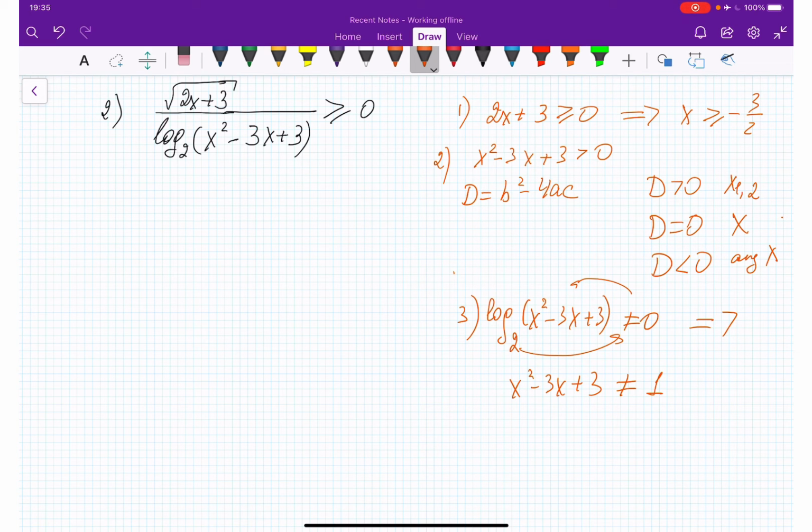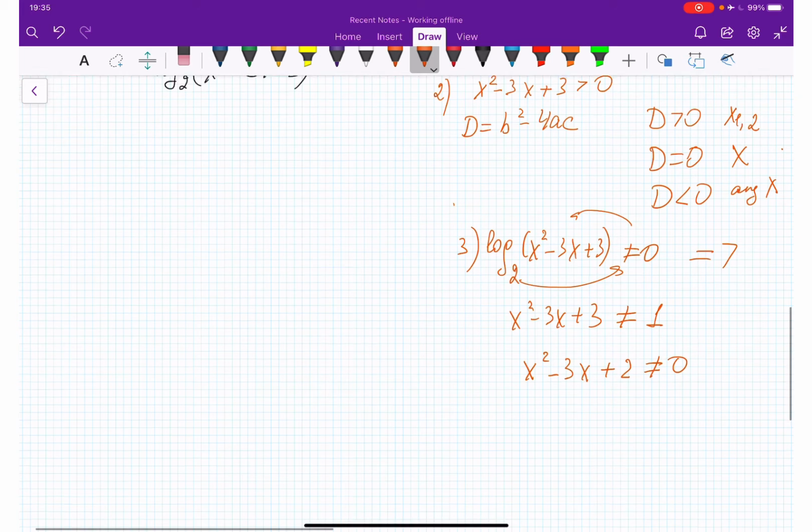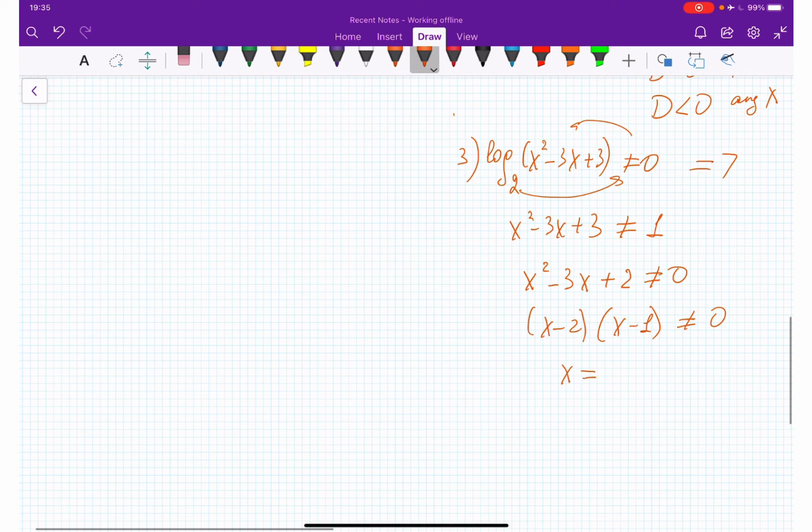So from here, we can say x squared minus 3x plus 2 cannot be equal 0. From here, we can factor it. X minus 2 times x minus 1 cannot be equal 0. So x cannot be equal 2, and x cannot be equal 1.